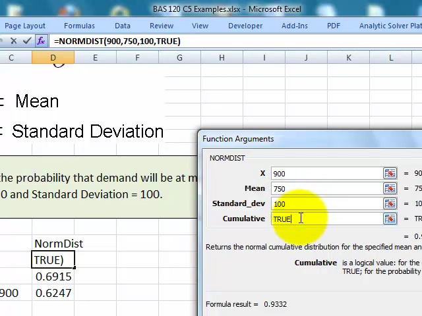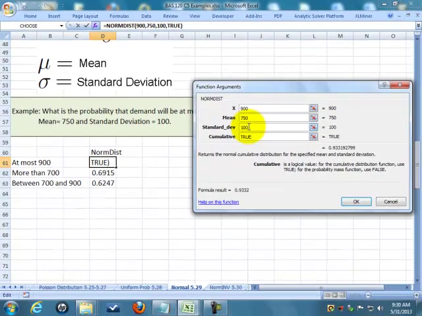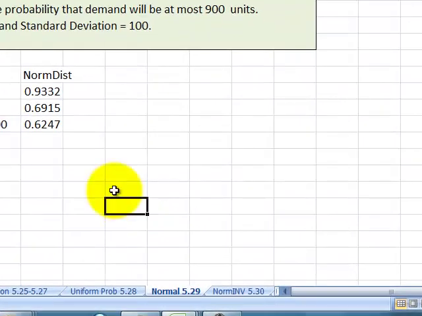And because I want to know at most 900 or left, I want the cumulative probability all the way up to 900. So the probability that I get 900 or less is 93%, or 0.93, which makes sense. We're very far to the right of our mean.